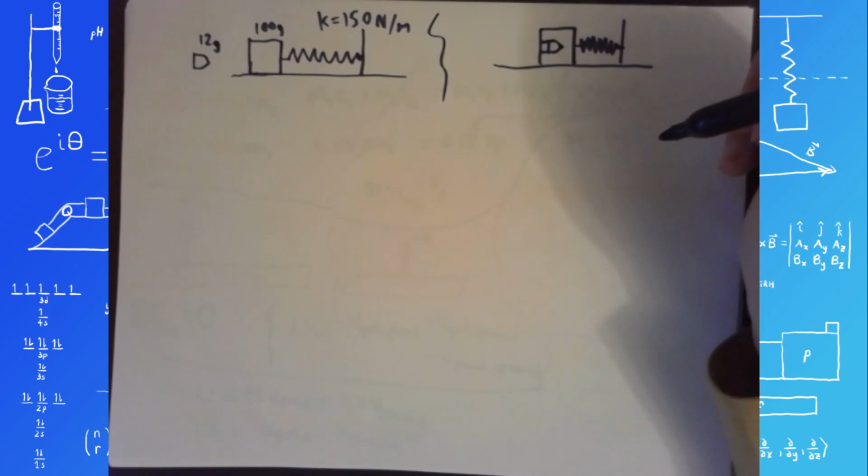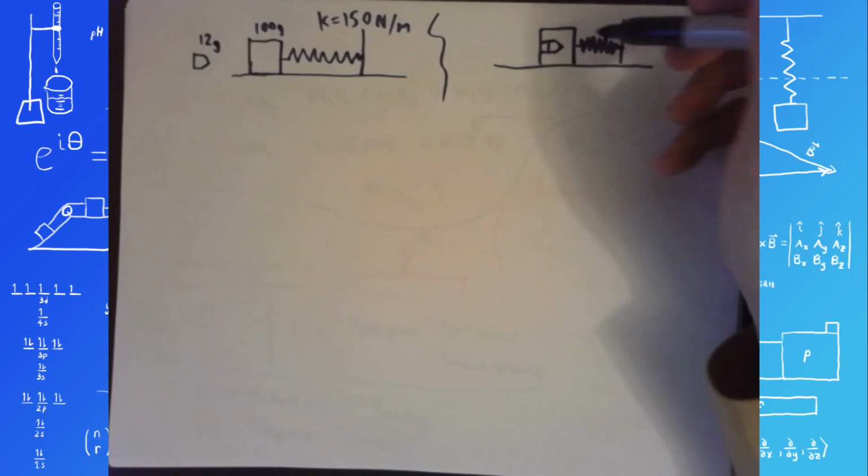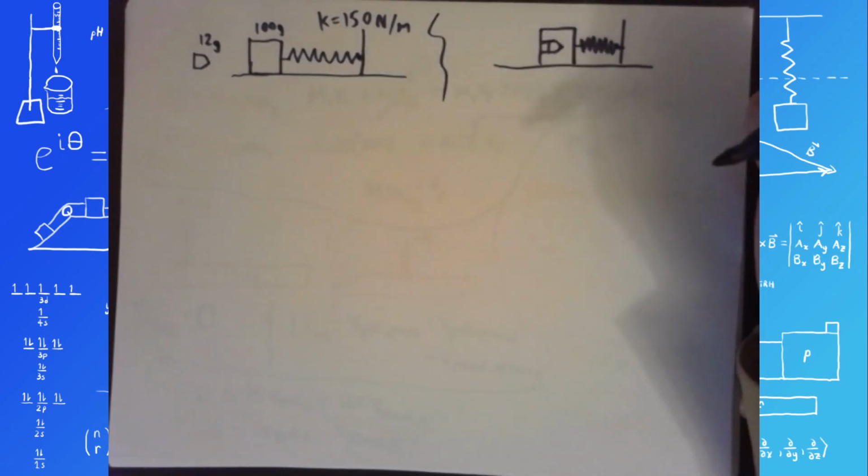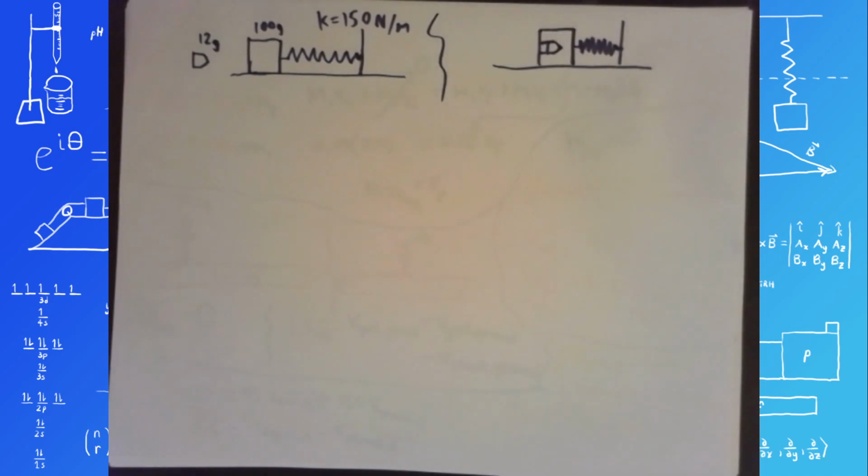At that point, of course, we can assume that it comes to rest before it's about to get flung back to the left by the spring pushing back out. What was the speed of the bullet at impact with the block?